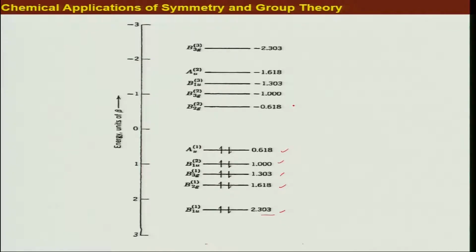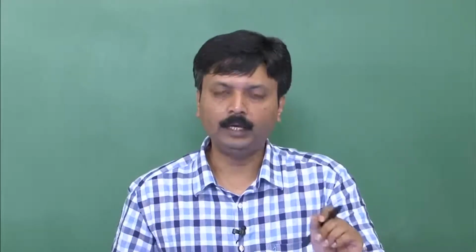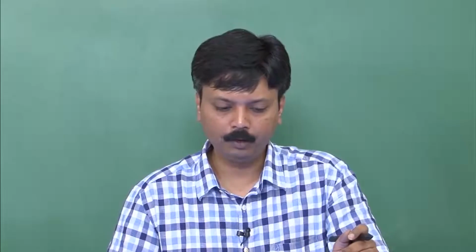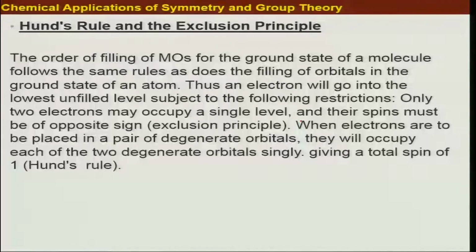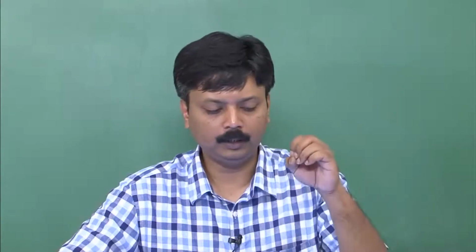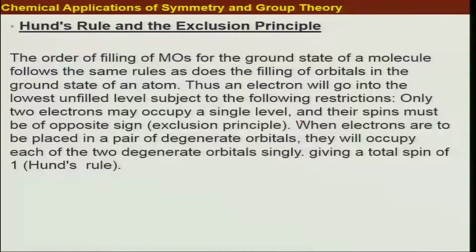In the next step, we are supposed to fill out these energy levels with the electrons. There we utilize Hund's rule and the exclusion principle. So what does that say? That the order of filling of molecular orbitals for the ground state of a molecule follows the same rule as the filling of atomic orbitals in the ground state of an atom.